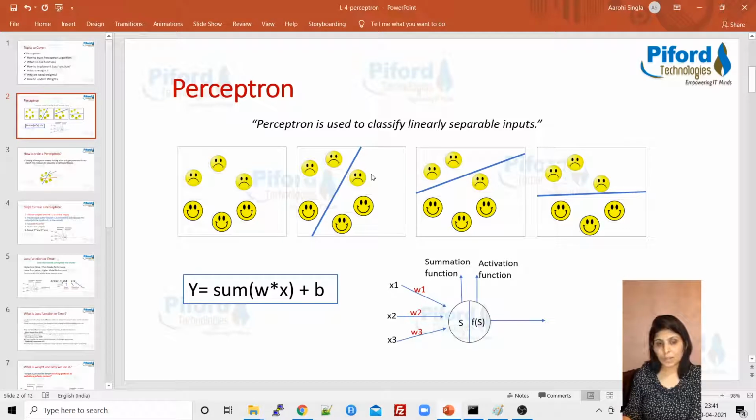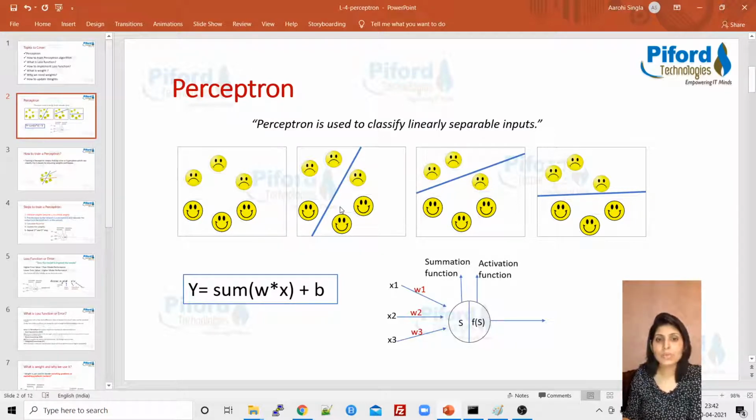See the second image. We have a line over here and this line is classifying these two classes. But you can see that one happy smiley is misclassified and one sad smiley is misclassified. So how many data points are misclassified over here? 2 data points. So the error is 2.